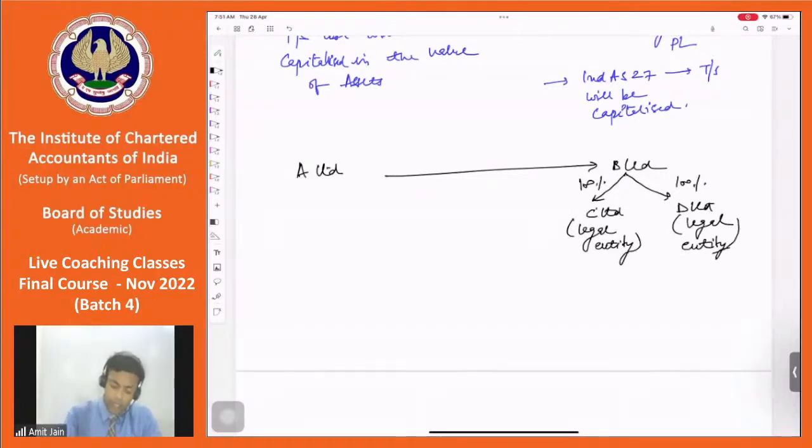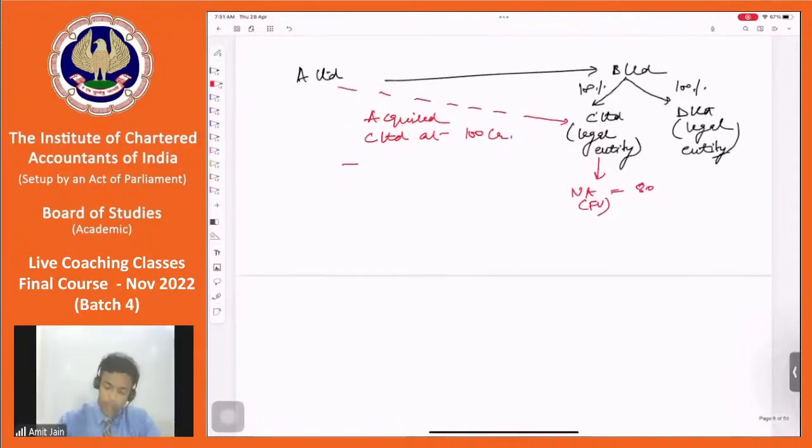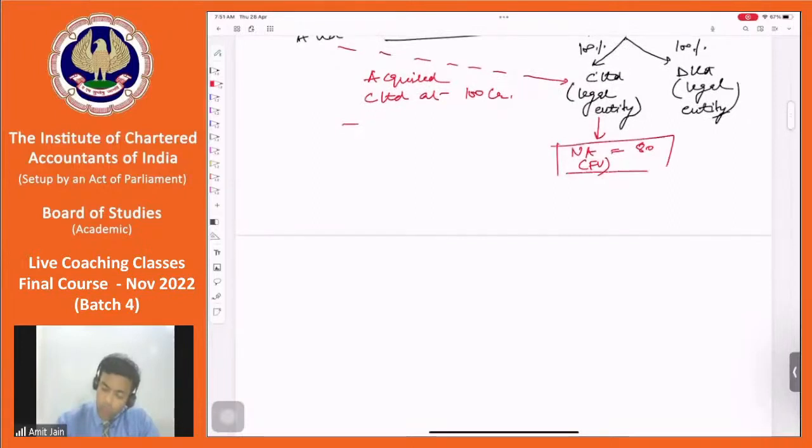So A Limited acquired C Limited at 100 crores, right? C is having a net asset of 80 crores at fair value. This net asset includes land as well. Let's say 10 crores.